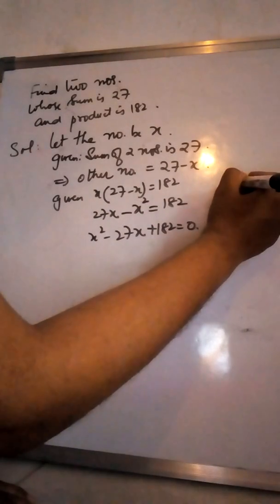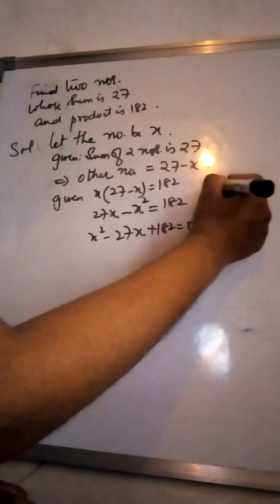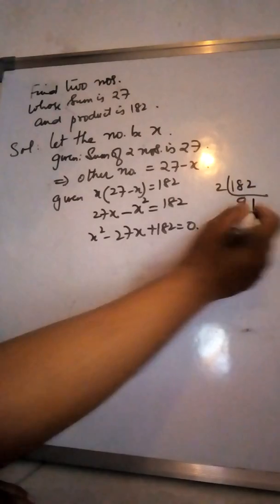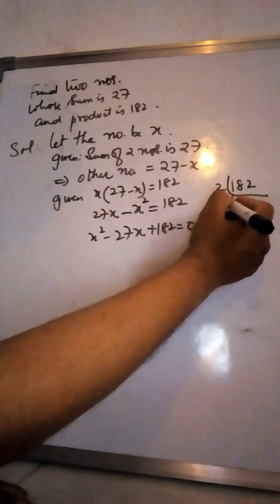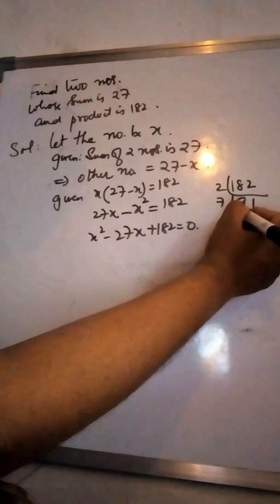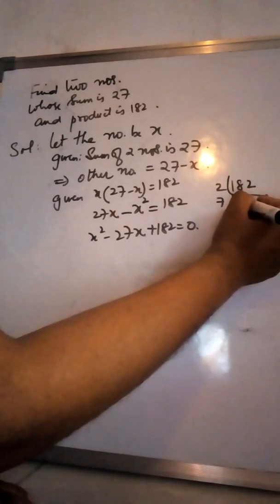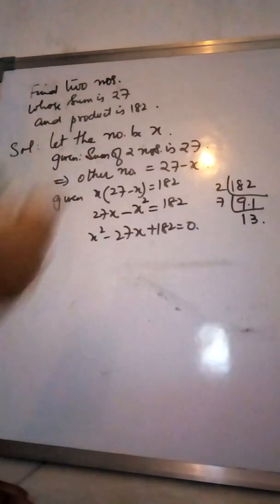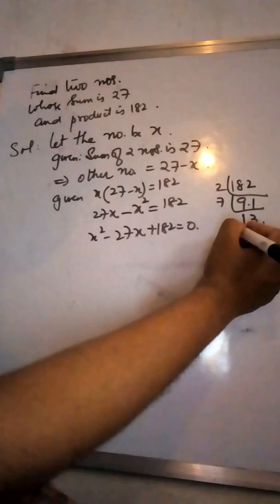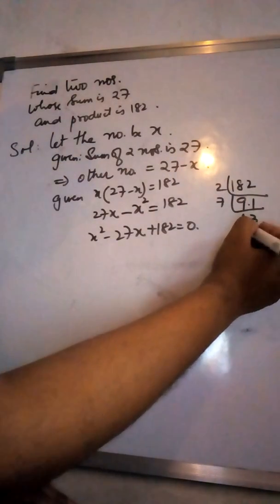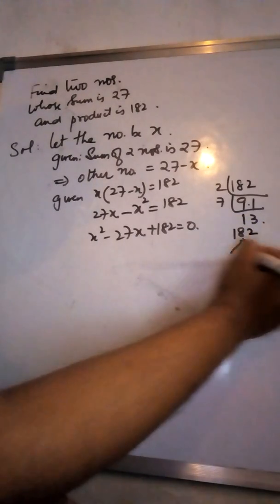We'll see by the prime factor method. 2 9s are 18, 2 1s are 2; 91 minus 2 will not give me 27. Again this goes in 7. 7 1s are 7, 7 13s are 91. So 2 into 7 is 14 and this is 13. So 14 plus 13 gives me 27.